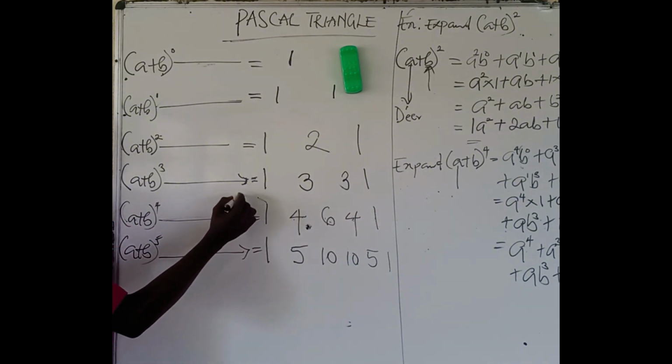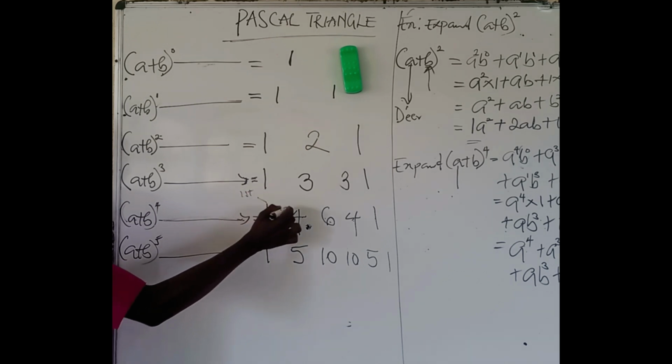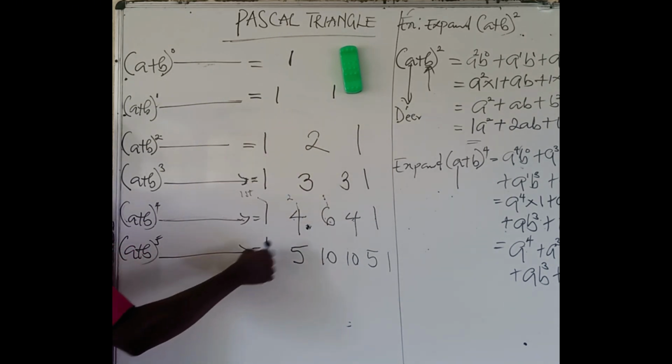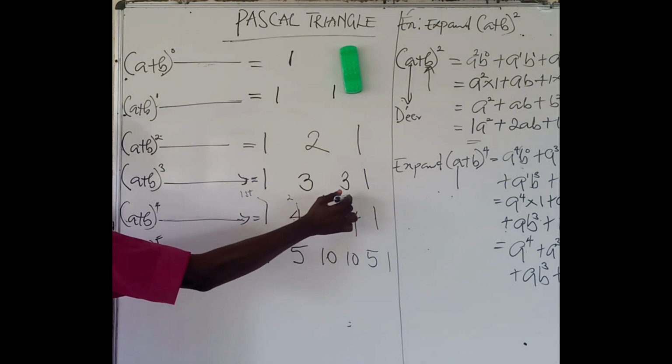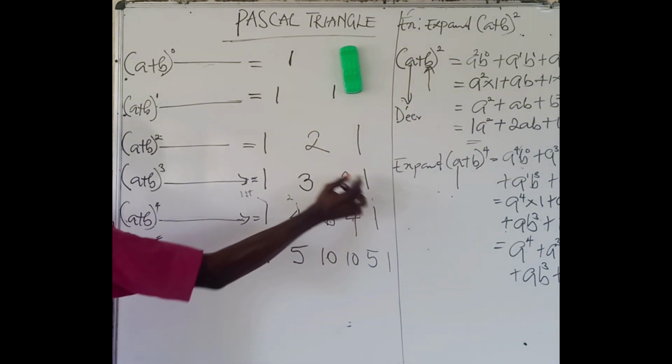So the first term is going to have 1. The second term is going to have 4 as coefficient. And the third term is going to have 6. And the fourth term is going to have 4. And the fifth term is going to have 1.